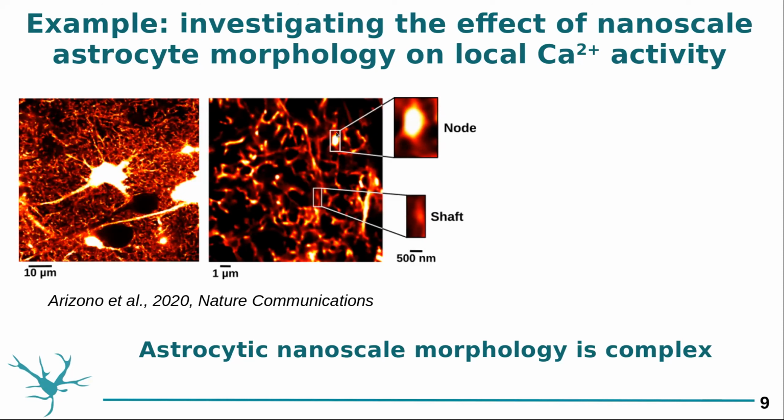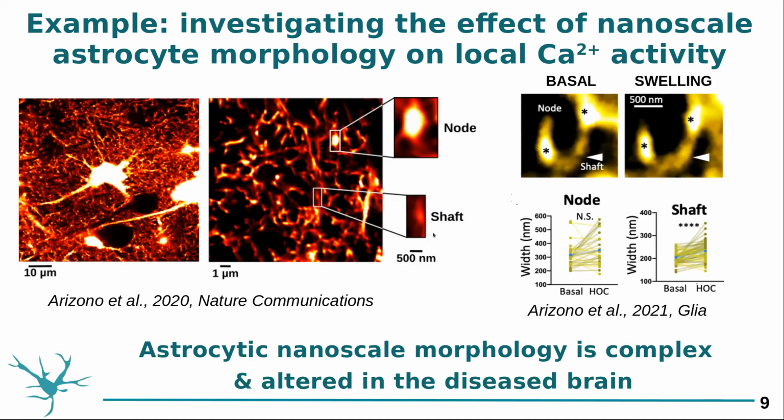And they noted that there is an alternation between some bulbous structures that are referred to as nodes with thinner structures called shafts here. And interestingly, they have published a paper this year when they applied hypoosmotic conditions to the astrocyte and measured the morphological characteristics of those nanoscale processes.